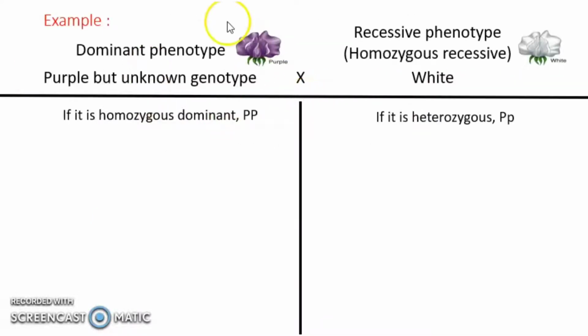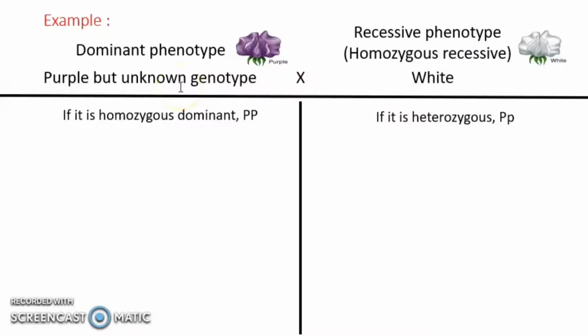Okay, so now we look at the example. The dominant phenotype is the purple color, but we don't know what their genotype is. Cross with the recessive phenotype, which has the genotype homozygous recessive. The recessive phenotype in this case adalah white color. So kita kena buat satu-satu lah.